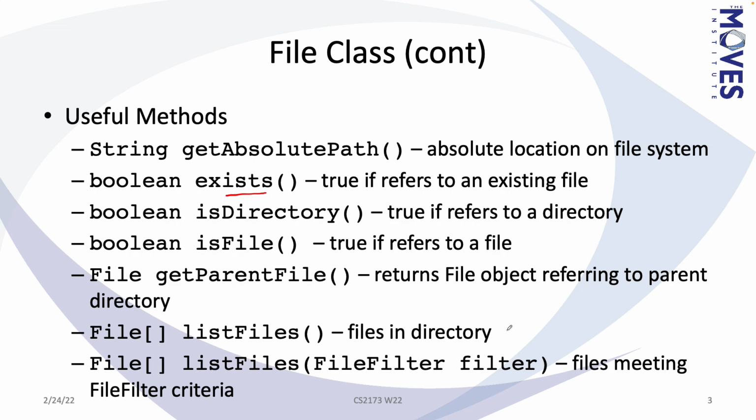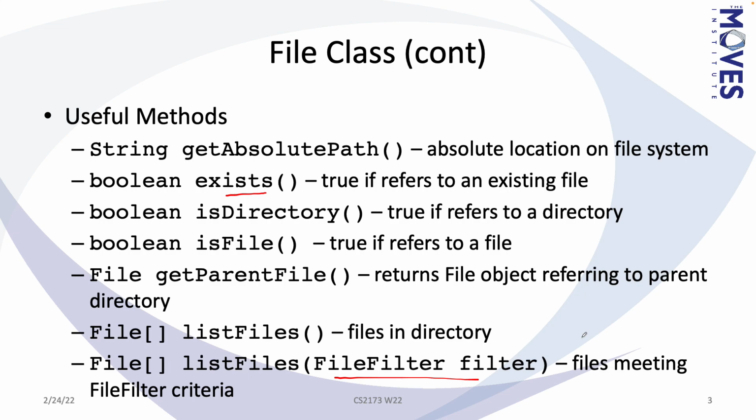And then if it's a directory, I can actually list the files in there, say, give me all the files in your directory. And they even have something called a file filter, which means give me all the files that meet this criteria, like give me all the Excel files or give me all the Word files. Now, it isn't quite that sophisticated. This is kind of a throwback to the old days.